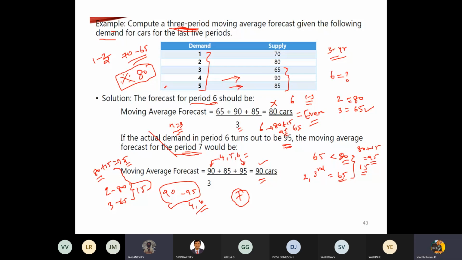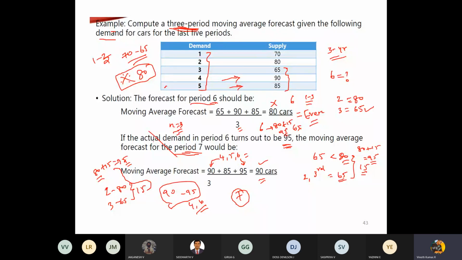Yes, it may be affected. Obviously, it may be affected, but it is our expected value. It is not an exact value. Whether we are supplying 90 cars in the period of 7, we are not giving assurance.